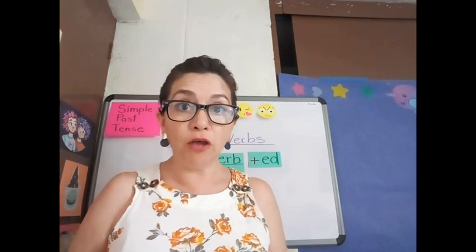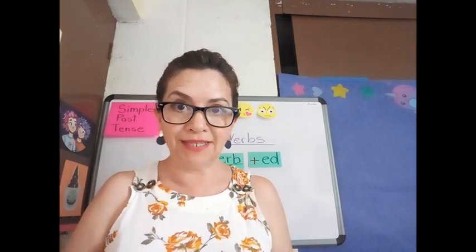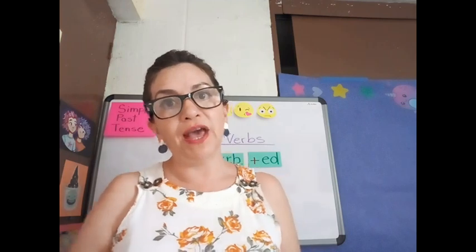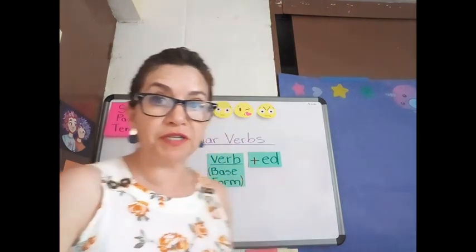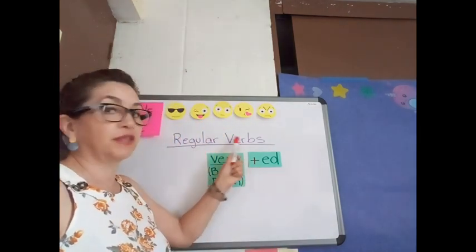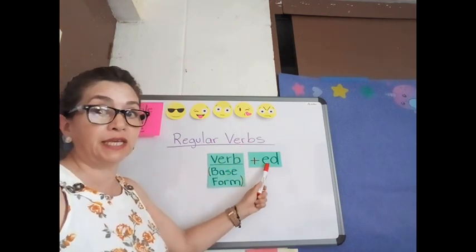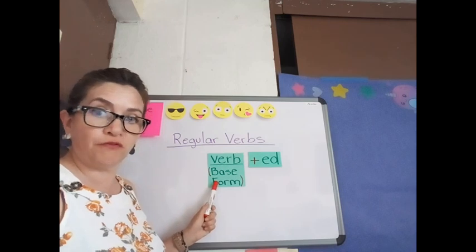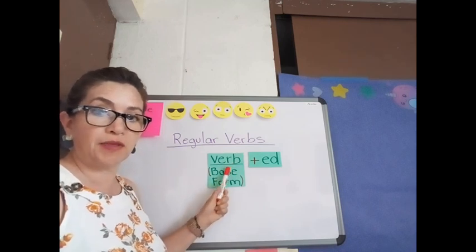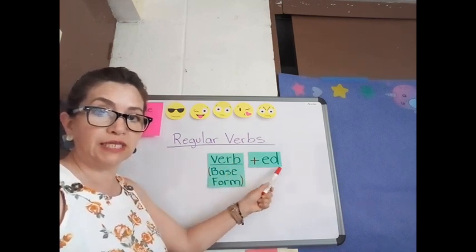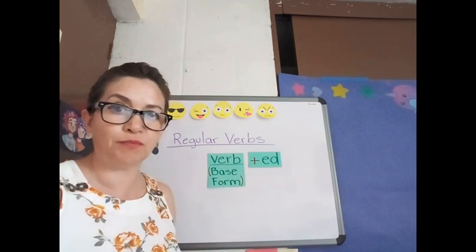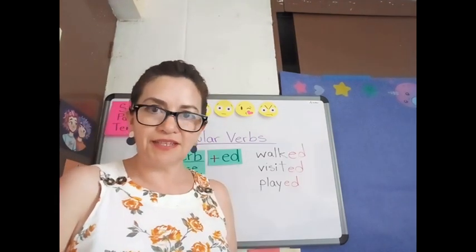Let's see how we form the simple past tense. Well, we have the regular verbs first. For regular verbs, we only add ed to the base form of the verb. It's the verb in base form plus ed. Let's see these 3 verbs.